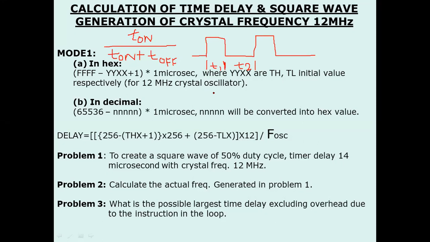Is it clear to all of you? Yes, sir. So write in your copy that duty cycle equals this. This is the on time, this is the off time. So on time divided by on time plus off time will be the duty cycle of any square wave waveform.